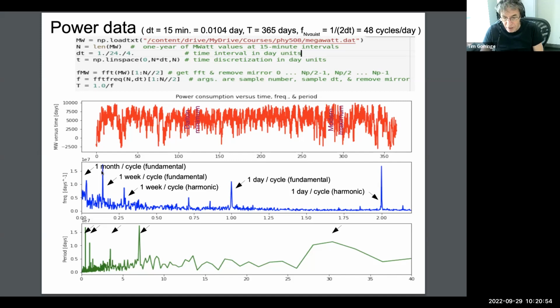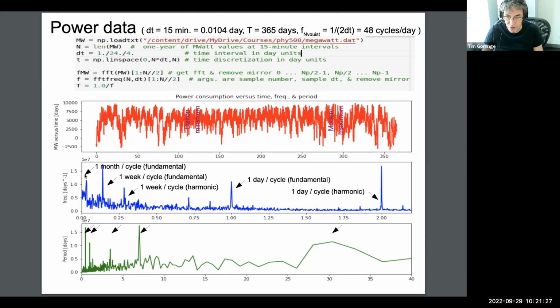Likewise, over here on the left, this large peak is the fundamental frequency of one cycle per week. And then you see at 0.28 the lowest harmonic of that, which is a frequency that corresponds to two cycles per week. And so this is the lowest harmonic of the weekly cycle. And so those features are in the data.